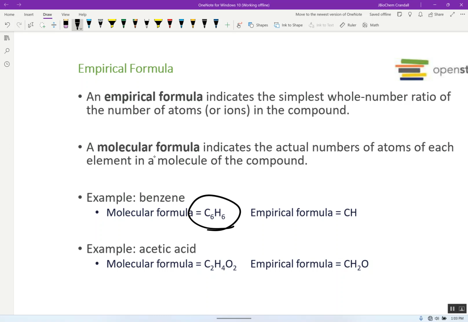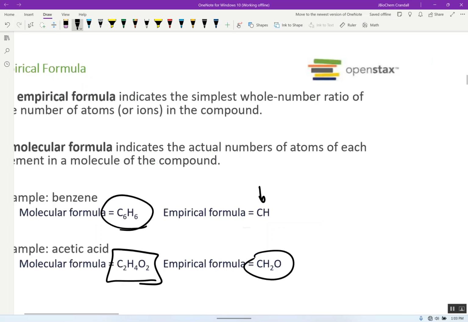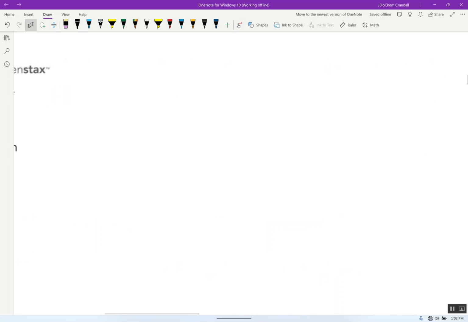And if I was going to write that as an empirical formula, I would just divide it by 6 to put it in its lowest ratio of CH. Here's another interesting one, C2H4O2. If I reduce that to its lowest ratio, I would divide everything by 2, and I would get the empirical formula of CH2O. Now that's an interesting empirical formula because it relates to the idea of something like this.